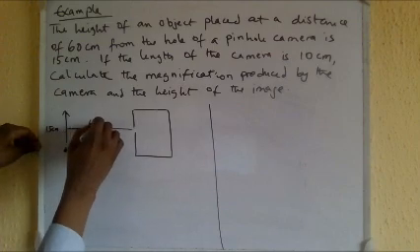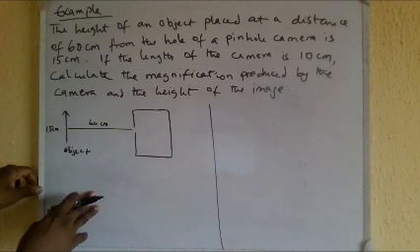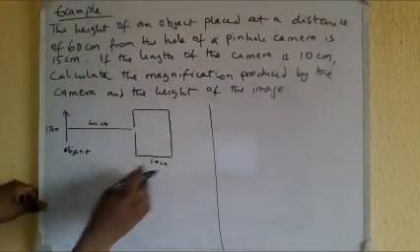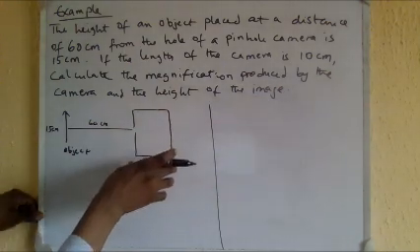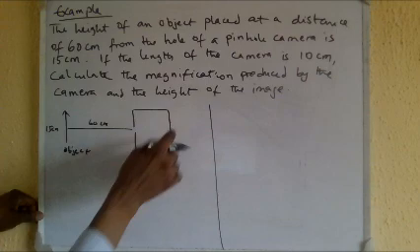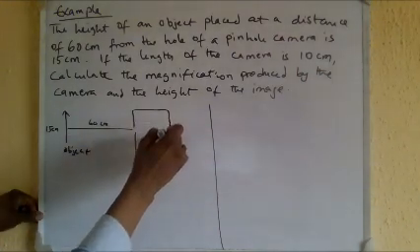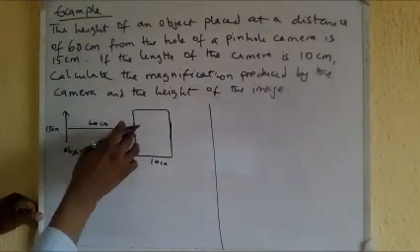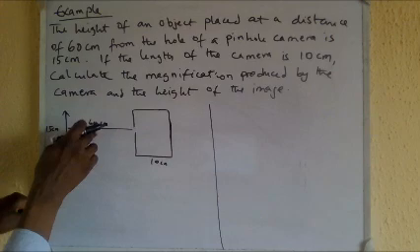If the length of the camera, so the camera length is 10 cm. Mind you, camera length is the distance of the image. The image is also always formed at the edge of the camera. And the distance before the camera is the object distance. While this is the object height.